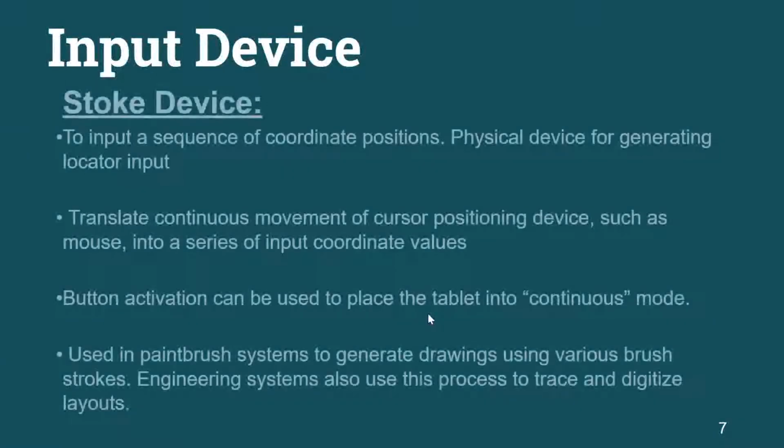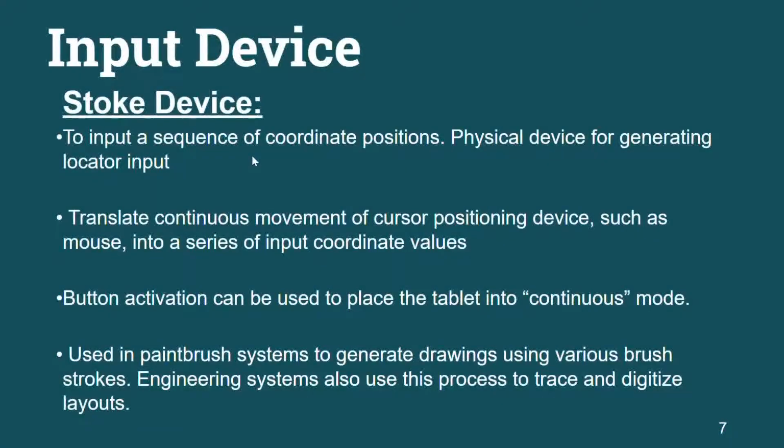Moving on, we have the stroke device. A stroke device is similar to locator devices, but the key difference is that stroke devices give us a series of coordinate positions across the screen, all continuous coordinate positions, say from point A to point B. It can be activated through a button in the tablets.